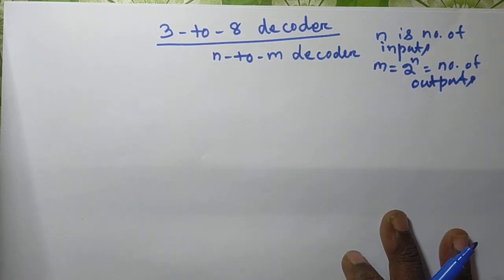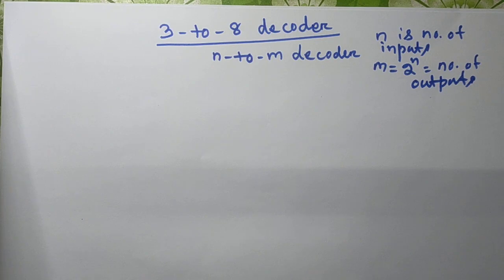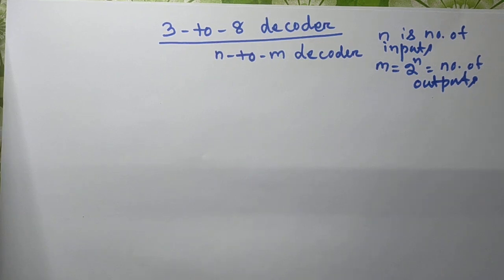Since 8 outputs are required, we can take 8 AND gates, which provide the 8 outputs. Now we will start designing the 3 to 8 decoder, where 3 inputs are considered and it provides 8 outputs.